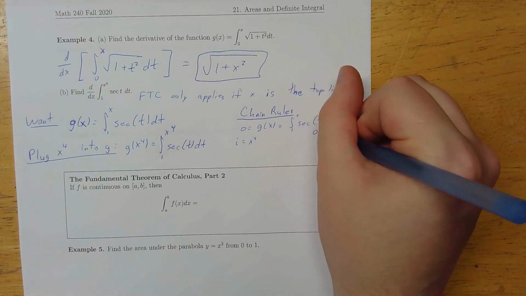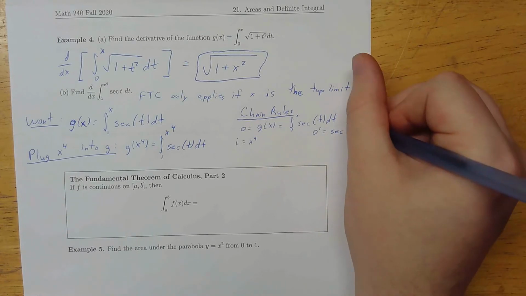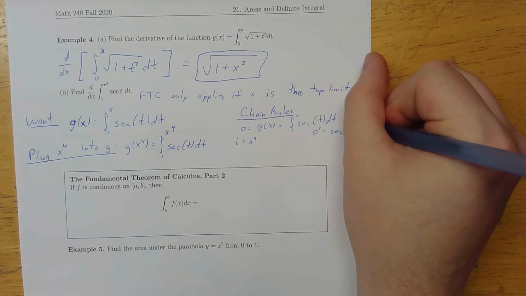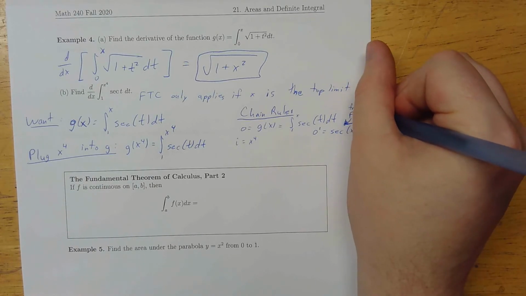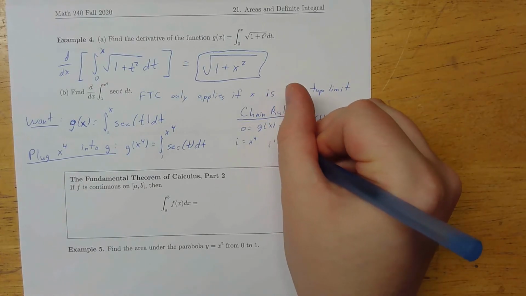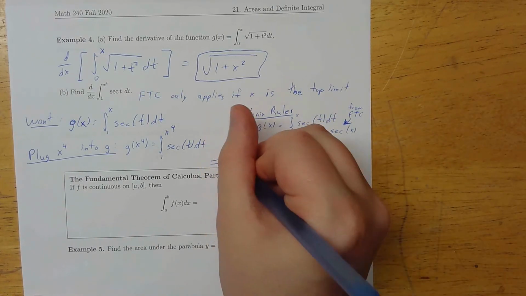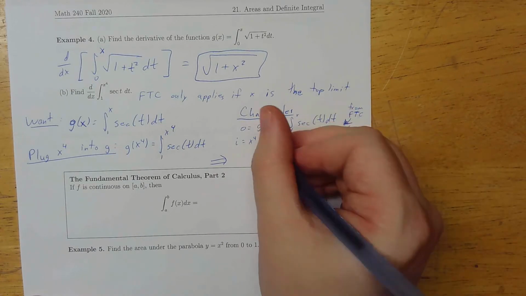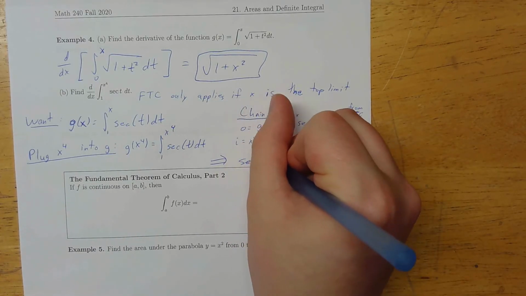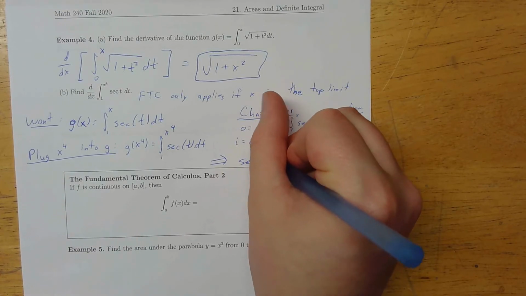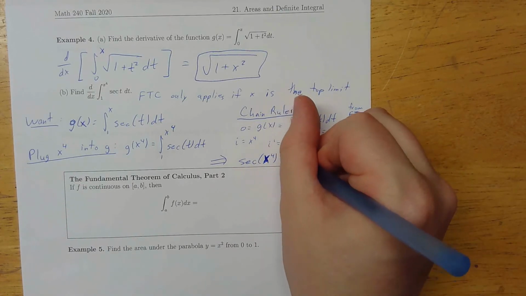So the derivative of the outside is going to just be secant of x, and this is of course from the fundamental theorem of calculus, FTC, and the derivative of the inside is 4x cubed. So overall that means that the derivative that we're looking for is going to be secant of x to the fourth times 4x cubed.